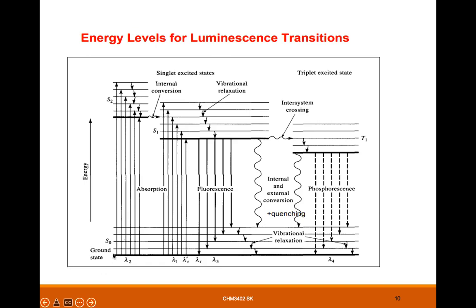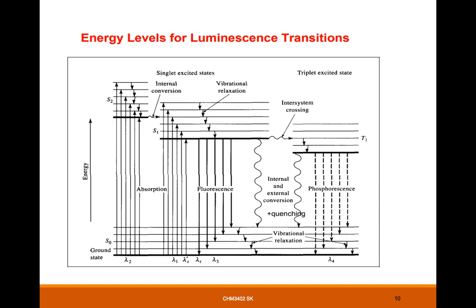Okay, what happened to the electron? Of course, we already know that if given enough energy, a specific amount of energy from the electronic ground state, it can be excited to an excited electronic state. It can go to S1 as well as S2, depending on the energy given.